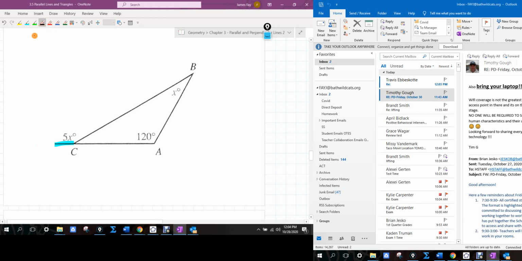So what relationship can we say about 5x, if that's my exterior angle, and these two are my remote interior? What's the equation we can write?